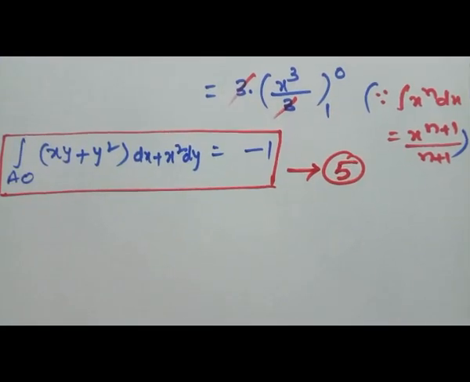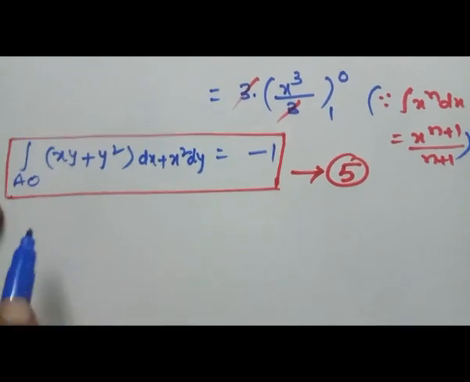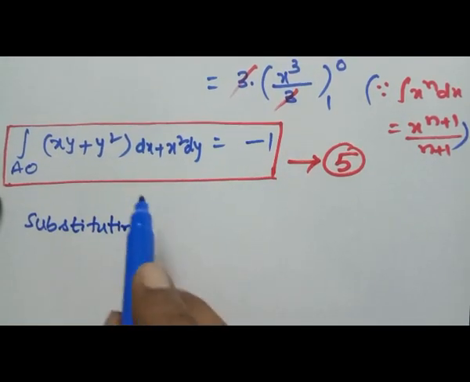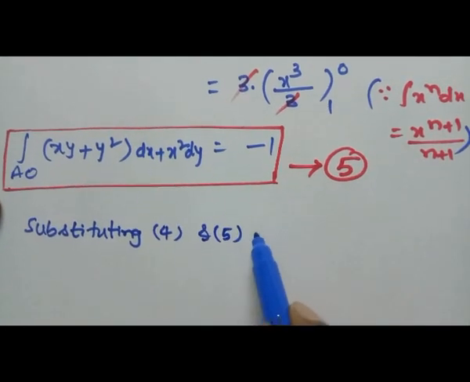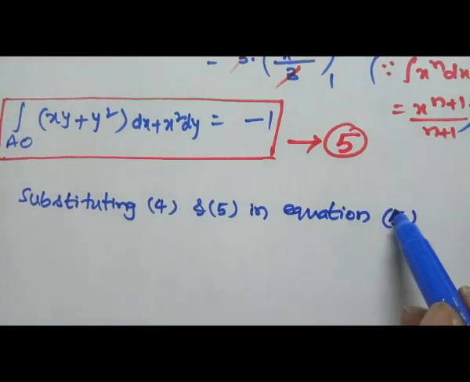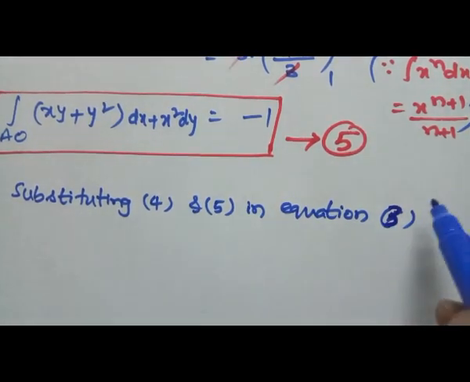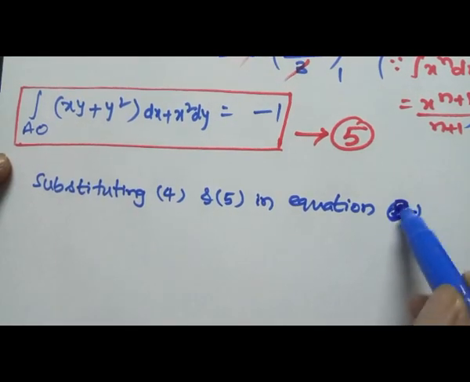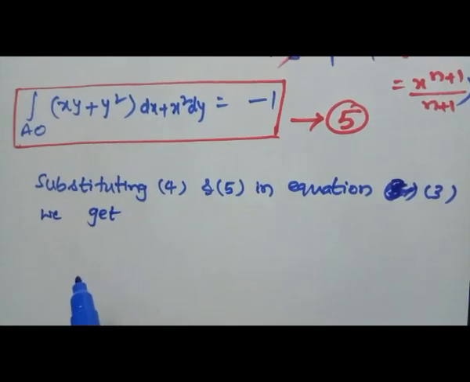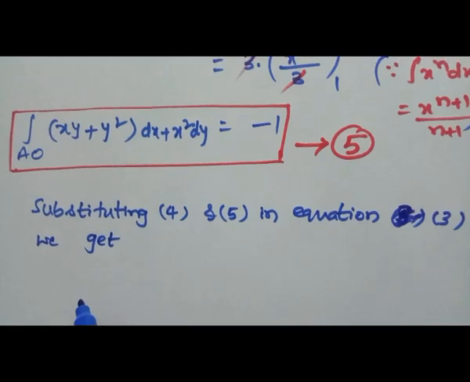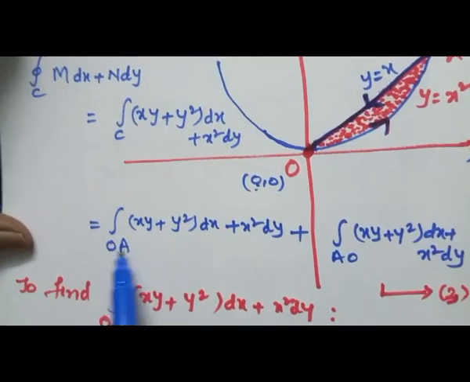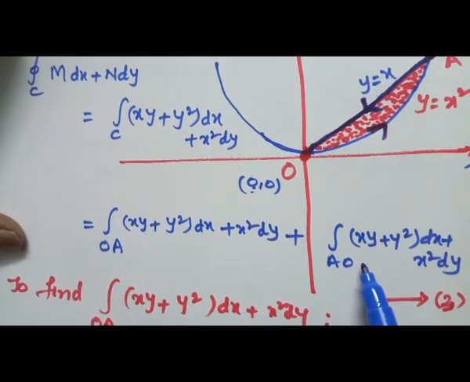Now substituting 4 and 5 in equation number 3, we get the integral over C of M dx plus N dy is equal to the integration along OA plus the integration along AO of M dx plus N dy.